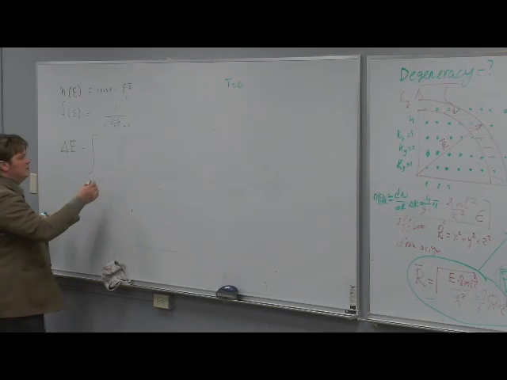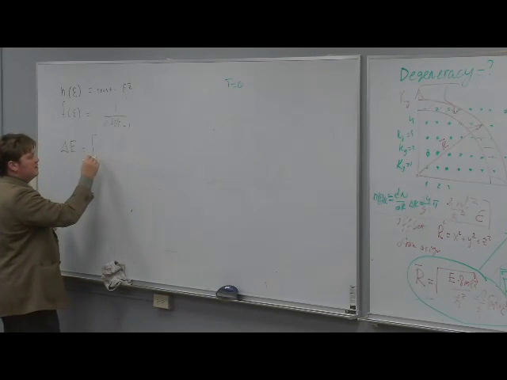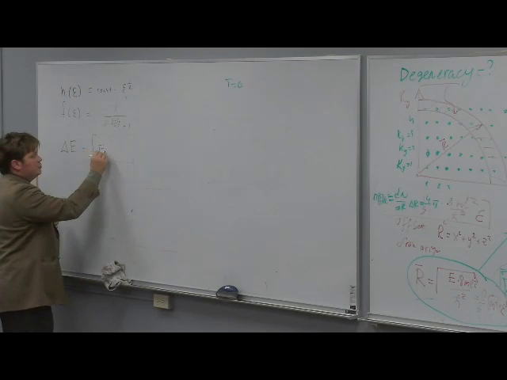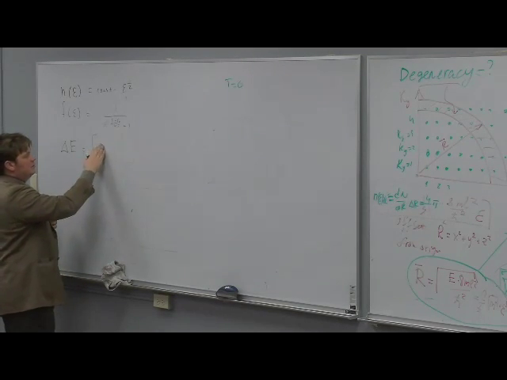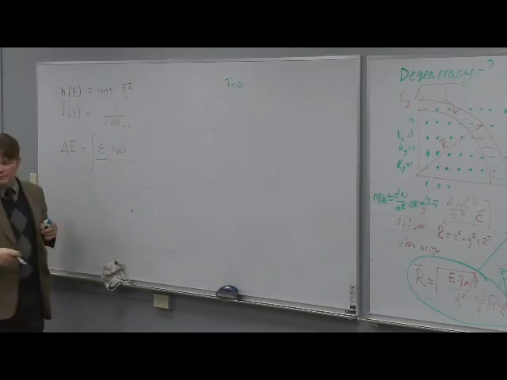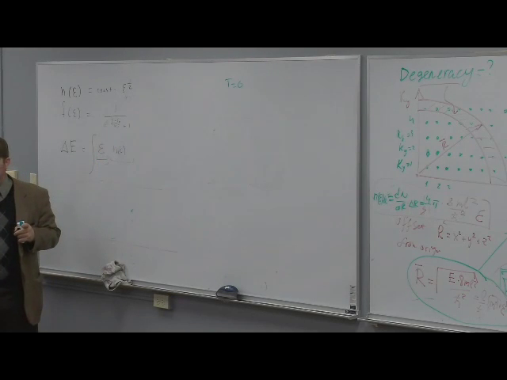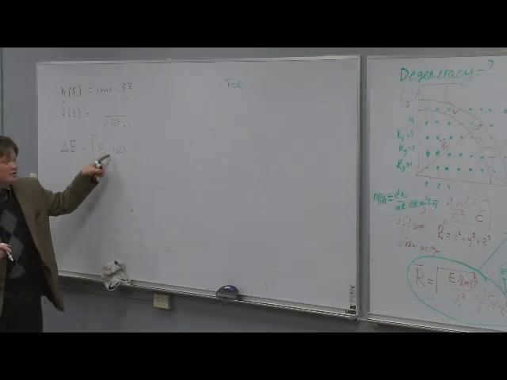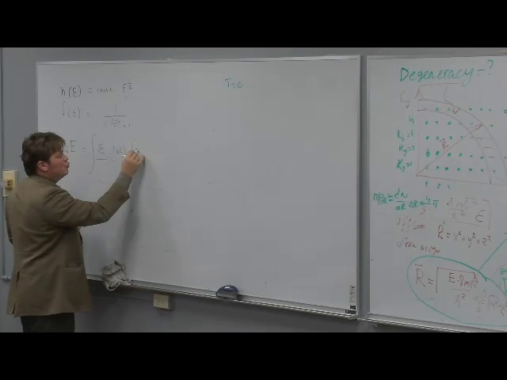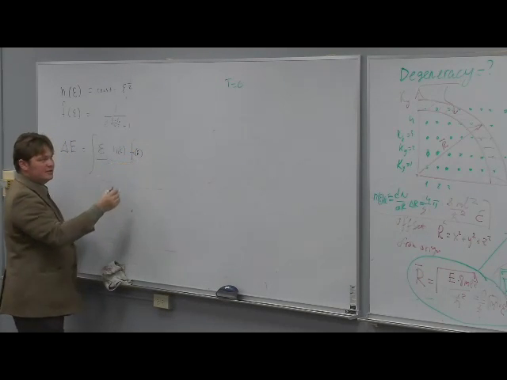It is the probability to find something times the variable that we need to average over. So if you need to find the expectation value of energy, we put energy, we put density, the probability that there are states at such energy, and the keyword is degeneracy, times the occupation of such states as a function of energy.